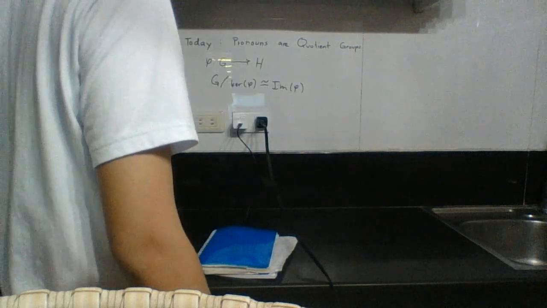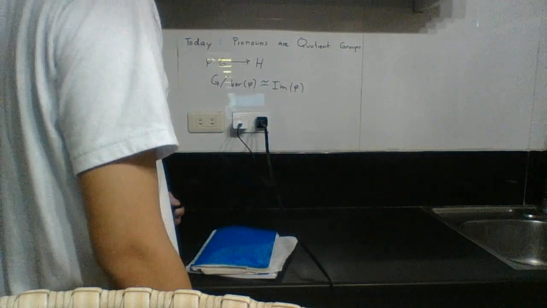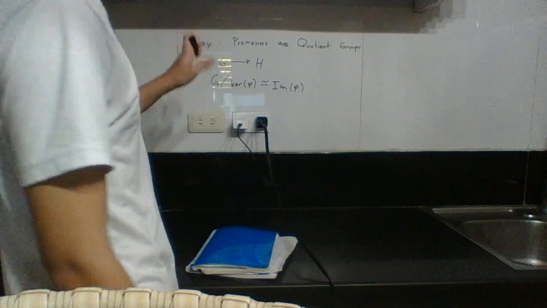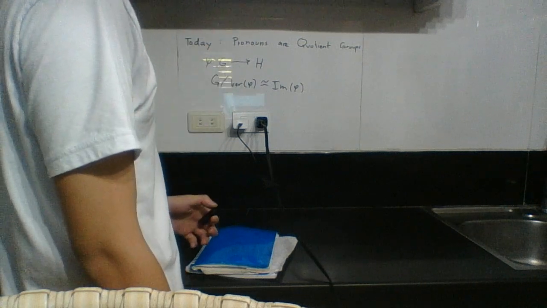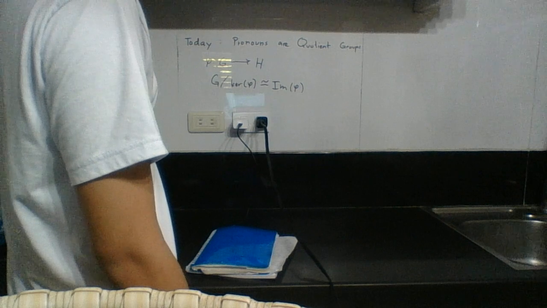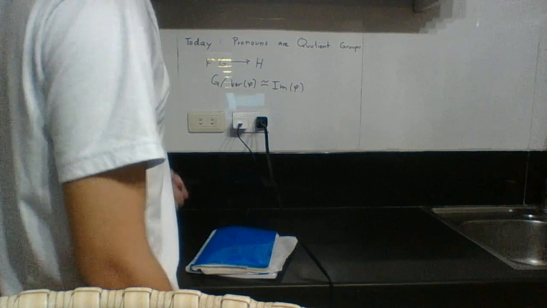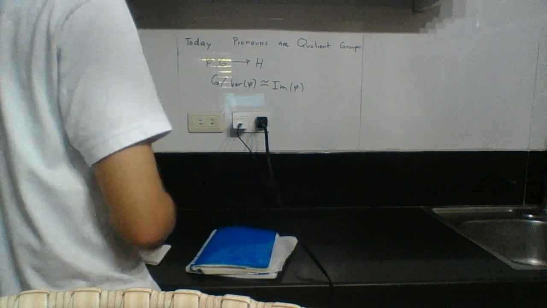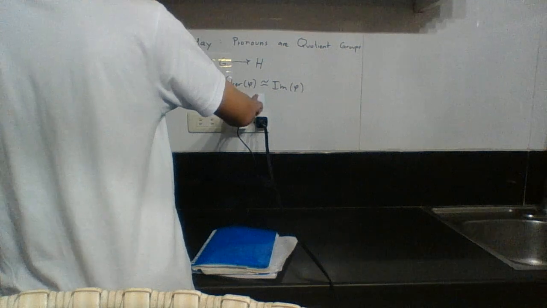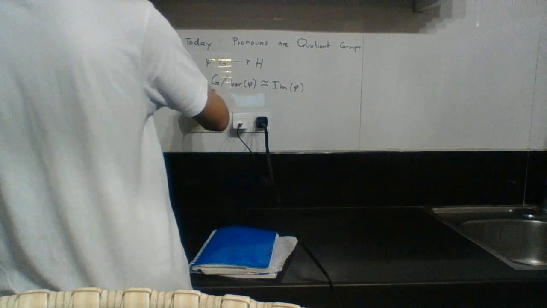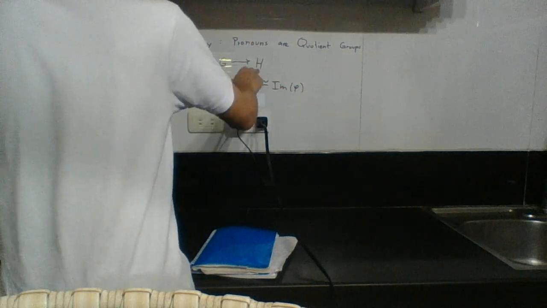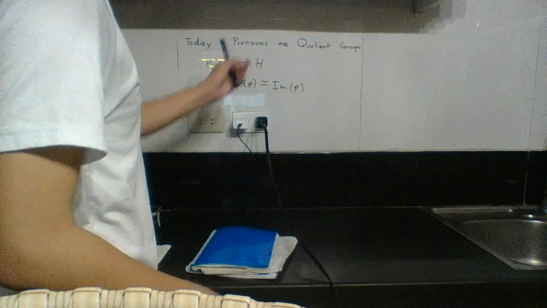A majority of today's lesson will hinge on this theorem. I'm not going to prove it in this lecture, but we're just going to apply it. You can think of the kernel of phi as every element in G that is taken to the identity of H, and the image of phi is H, or at least a subset of H.